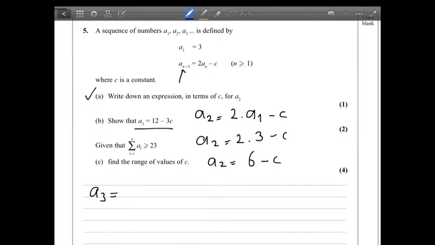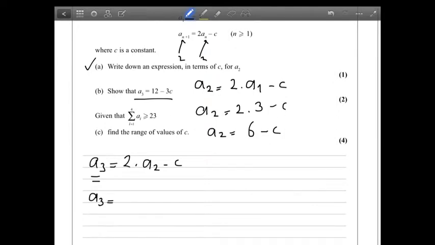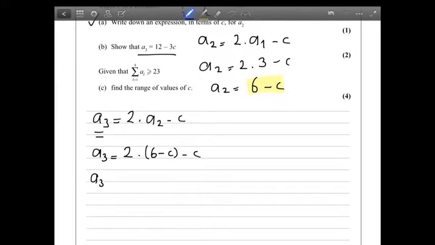We can just put 2 here, and we will have A3, which is 2 times A2 minus C. A sub 3 should be equal to 2 times A2, which is given here as 6 minus C. We write 6 minus C minus C. We do the operation: A sub 3 is equal to 12 minus 2C minus C, which is 12 minus 3C, and this part is also done.